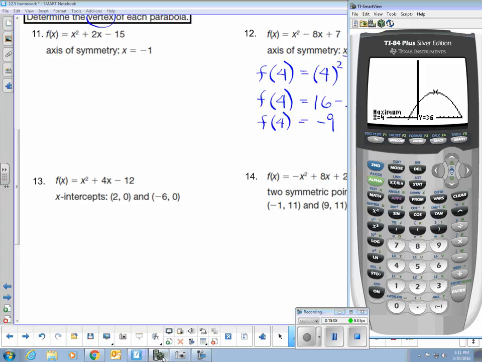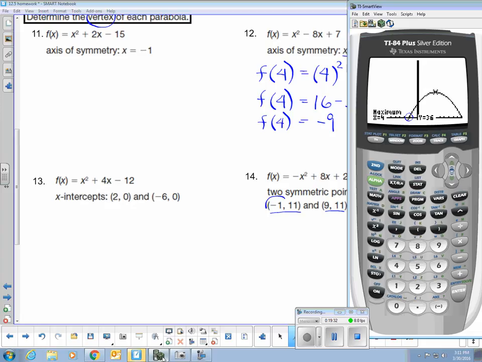Well, if I take a look at my x-intercepts, it looks like it's at -2. Might have to find this one over here. But what I do notice is in this problem, they actually give me two symmetrical points. Let's take a look at (-1, 11) and (9, 11).